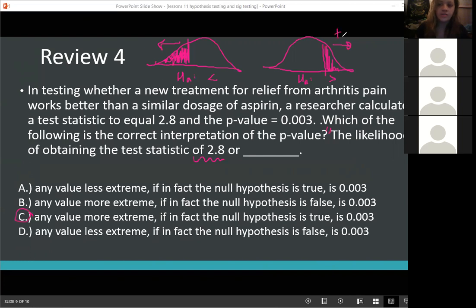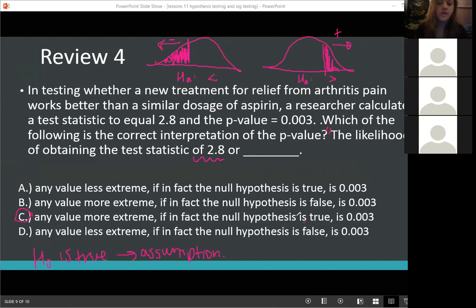So that's why we have, or any value more extreme, if in fact, and then remember we always make the assumption that our null hypothesis is true. This is always the assumption that we make. So any value more extreme if in fact the null hypothesis is true.